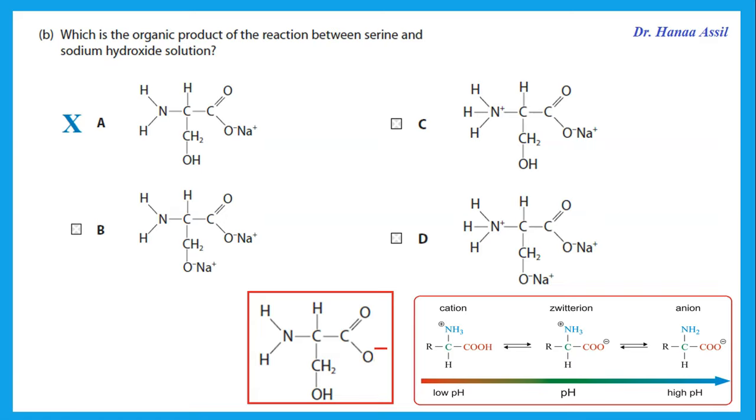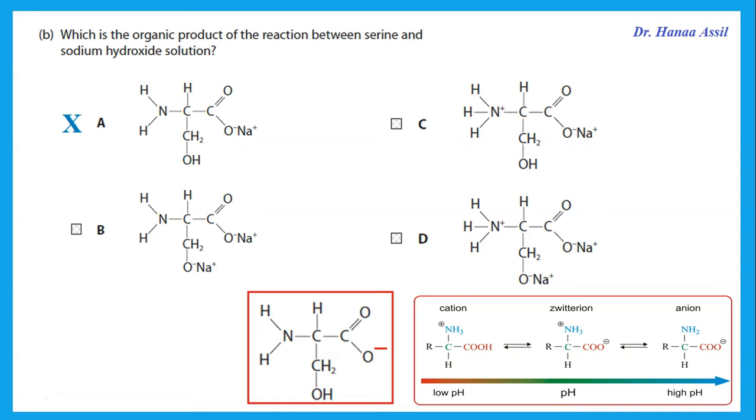Remember that an amino acid in neutral pH exists in the form of a zwitterion, where the acid part is COO minus and the amine part is NH3 plus. Now, when we put it, as we said here, in sodium hydroxide, that means high pH.